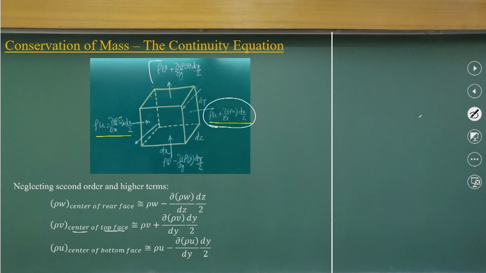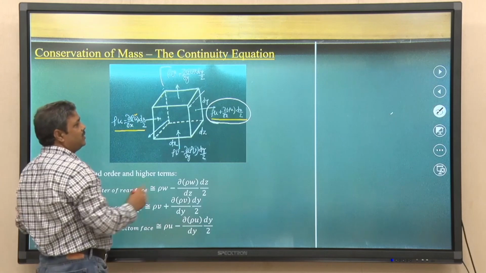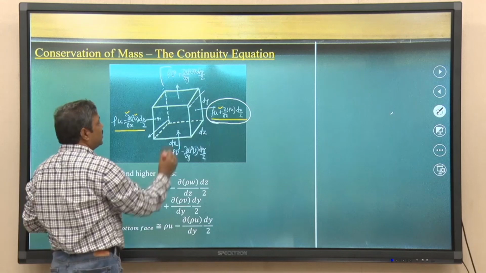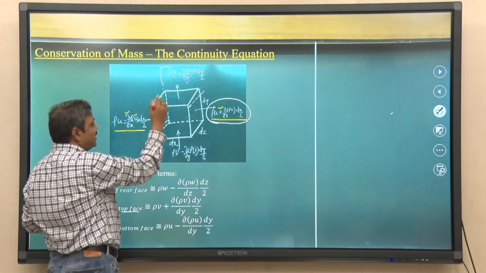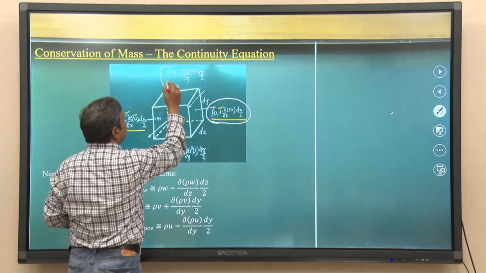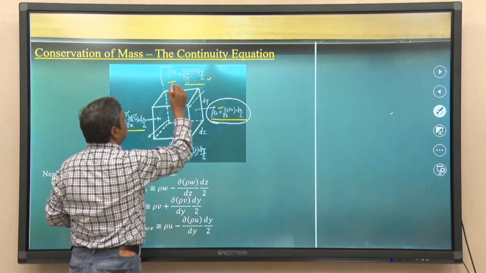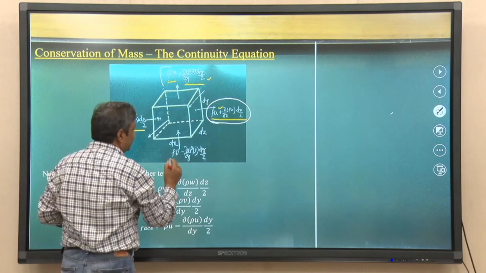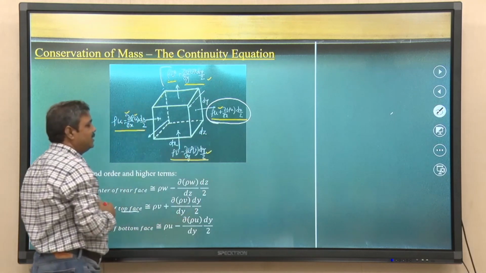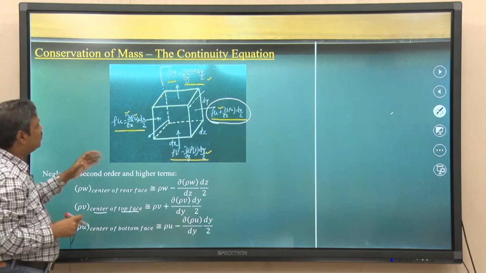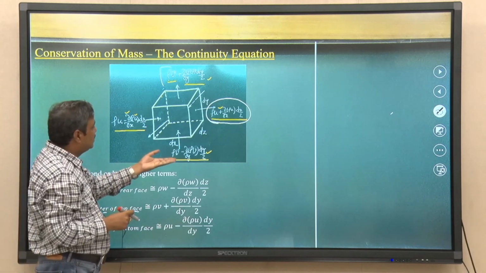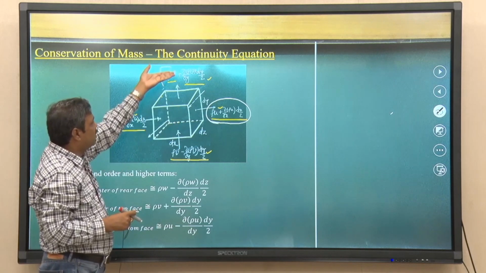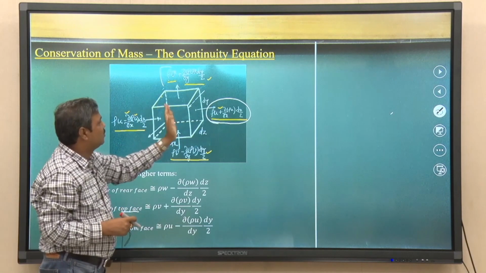So, I will get this component, which will be positive on this side and negative on this side. The same way, if I look along the y direction, I will have a positive component, considering just the first two terms of the Taylor series, and a negative on this side. So, this is the mass flux coming into the control volume in this direction, going out in this direction, coming in, going out.